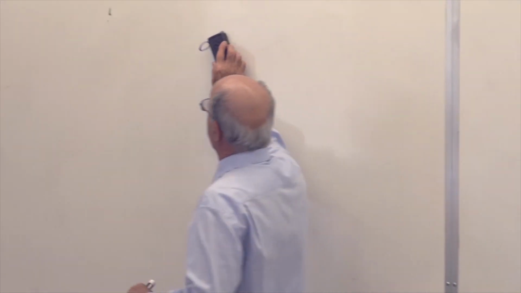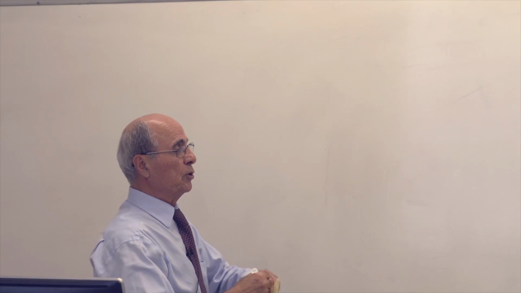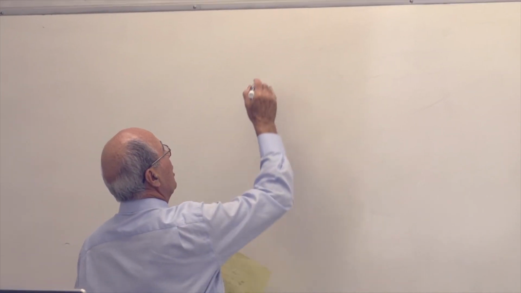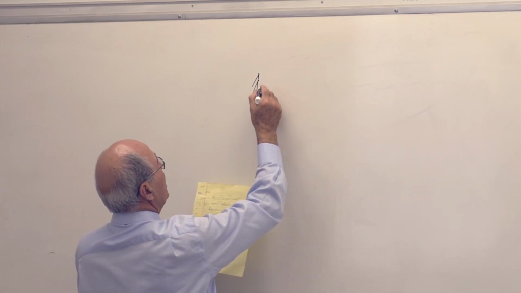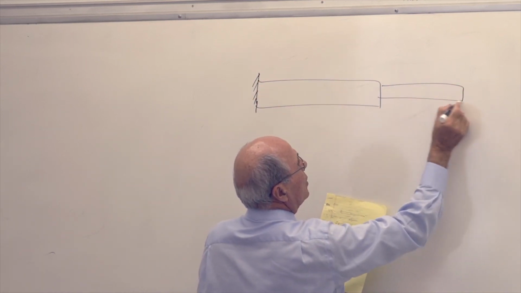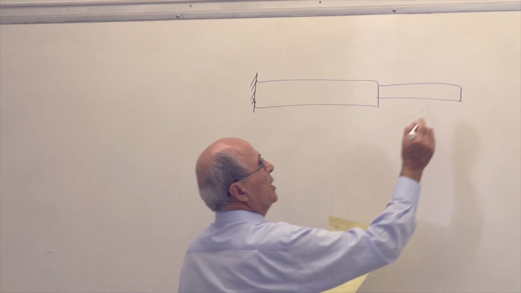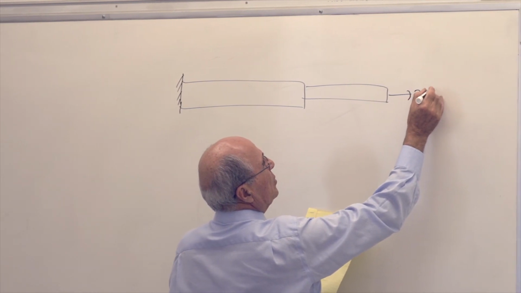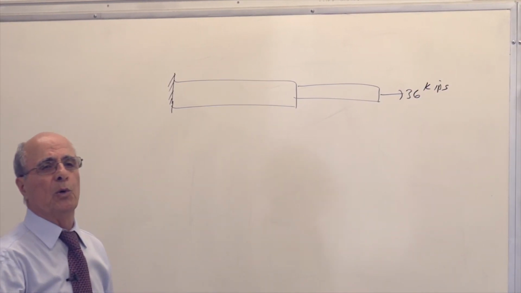Guys, write down all the following. These are a series of questions, and some of you have seen this before, so do not worry about it, because if I don't get this understood, I'm afraid the idea there will be lost. So I'm going to put here a two-piece rod, different length, different material. And I'm putting here a 36 kip load at the end.